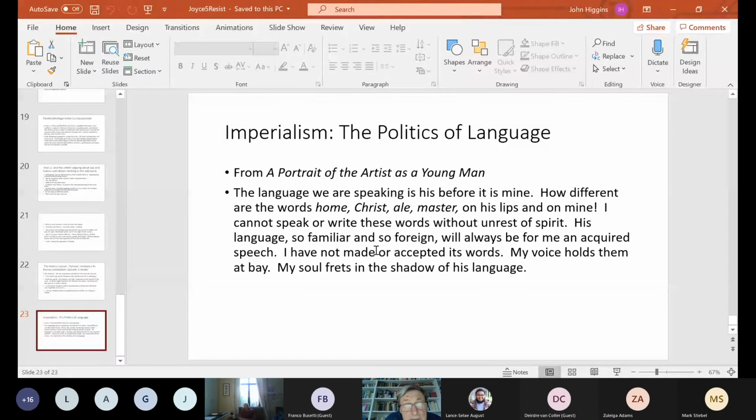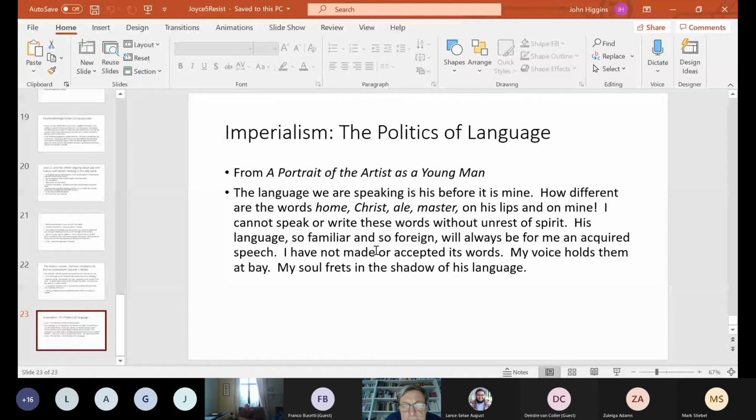In the end, it all comes down to a certain politics of language for Joyce, but not seeking to return to Gaelic as an original identity language. In A Portrait, Stephen notes, when he's arguing with one of his teachers, an English-born teacher: "The language we are speaking is his before it is mine.